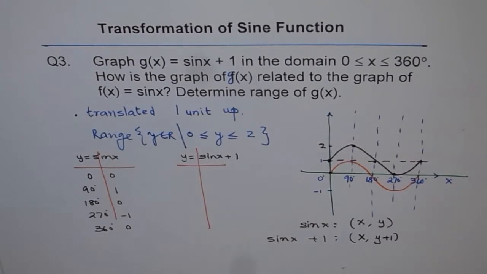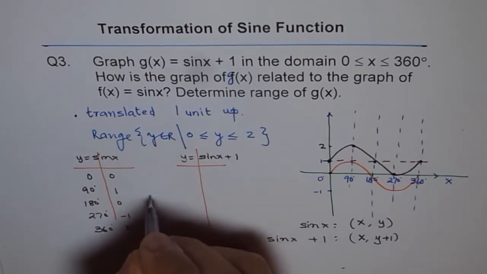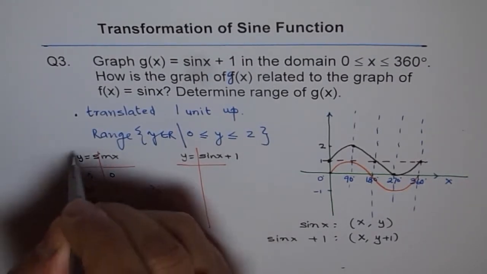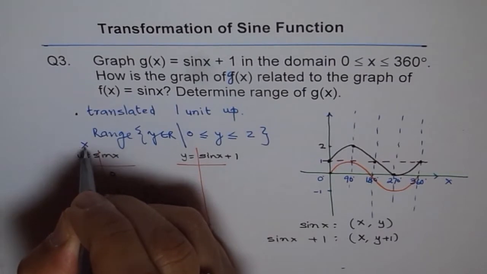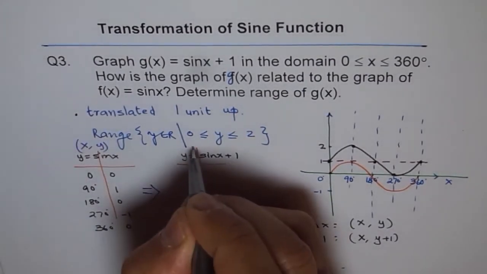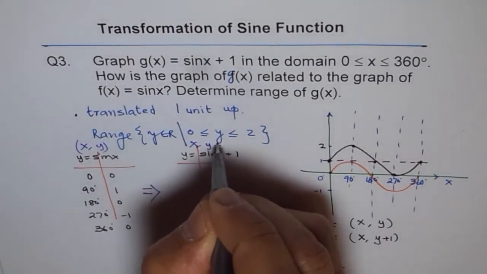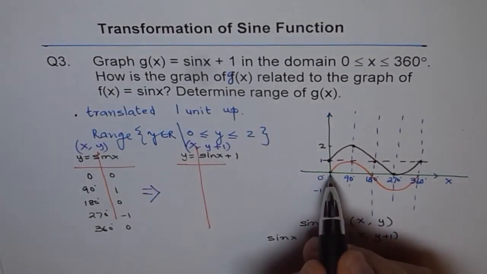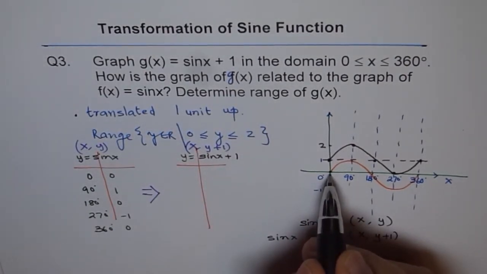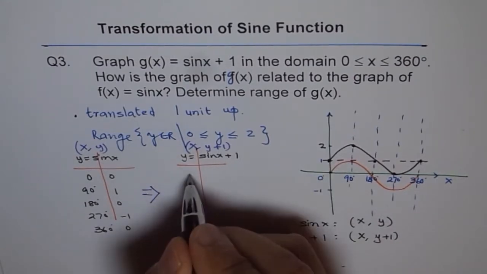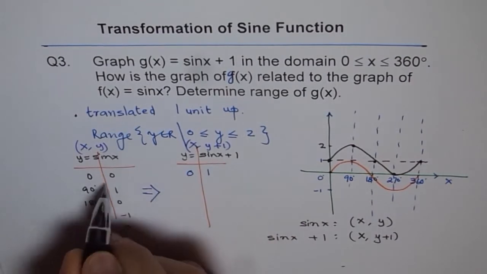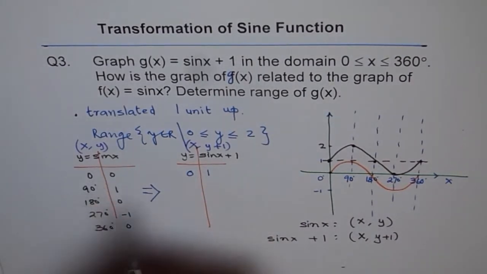Now what happens to these points during the transformation? If the points here are (x, y), then they become (x, y plus 1). So as we say, the y-intercept is not at the origin now, but moves up, right? So it becomes (0, 1). So 1 gets added to the y values.